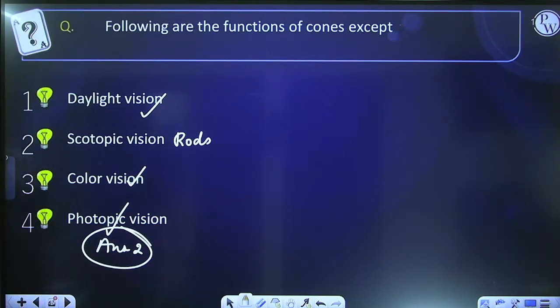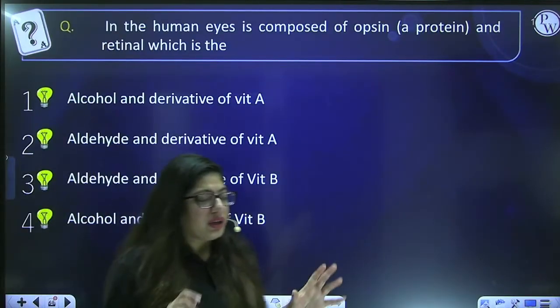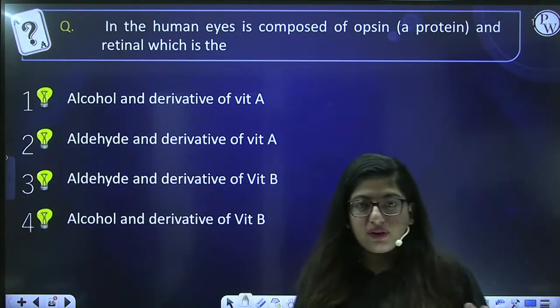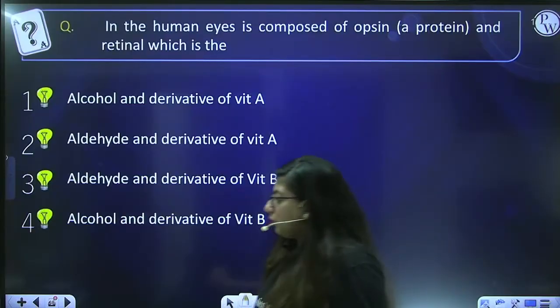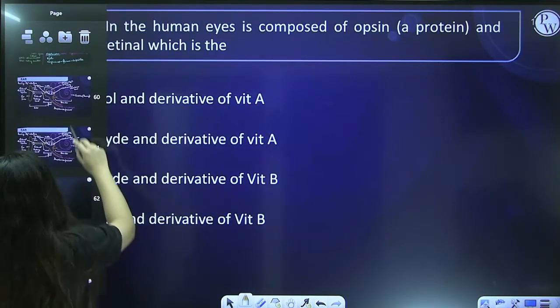Next. In the human eye, rhodopsin is composed of opsin, a protein, and retinal, which is: alcohol and derivative of vitamin A, aldehyde and derivative of vitamin A, aldehyde derivative of vitamin B, alcohol and derivative of vitamin B. So in your chemistry, you have studied anything which has "ol" in it is an alcohol.